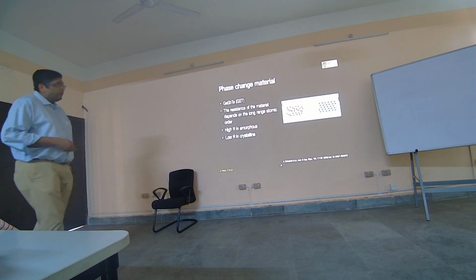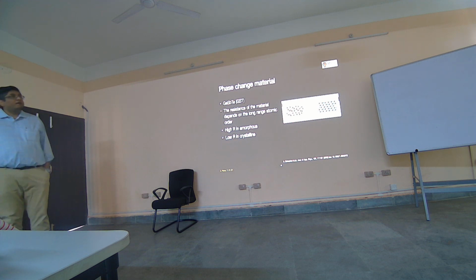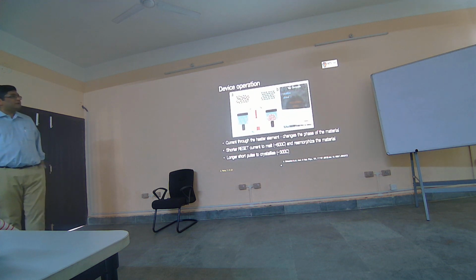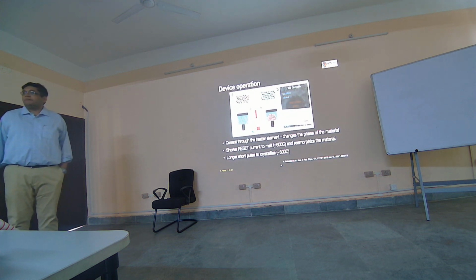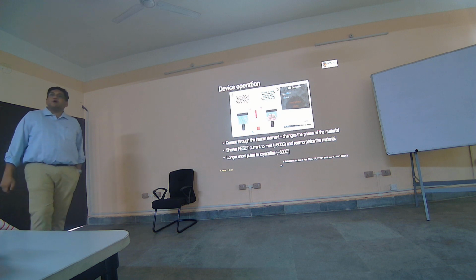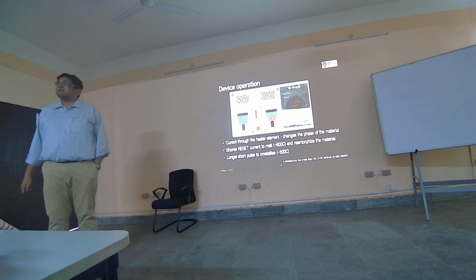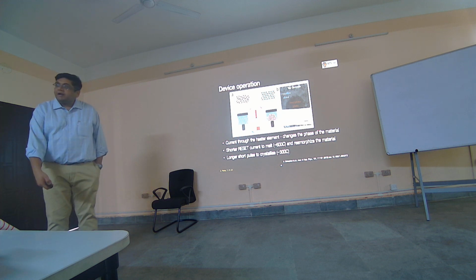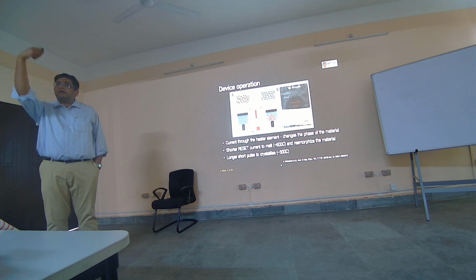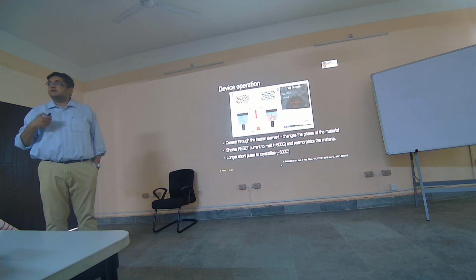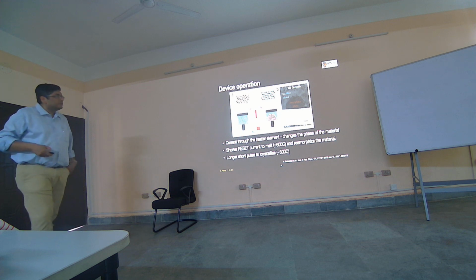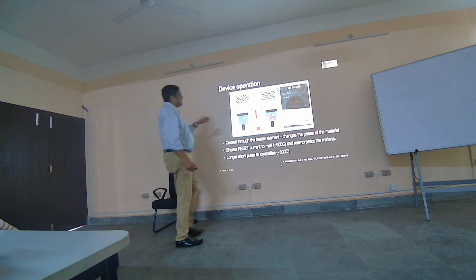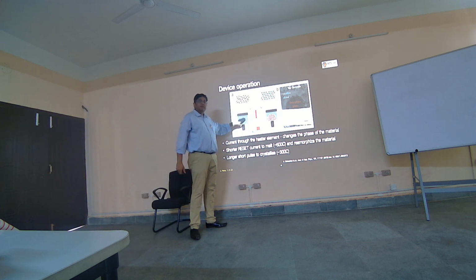Now the second property of this material is that it melts easily. So remember, how do we create a silicon crystal? We take the silicon melt and use the seed crystal and pull it out, right? And that's how we create the silicon crystal. The way it works here is you have this material and you have a heater. A heater is nothing but just a resistor with a large current flowing.